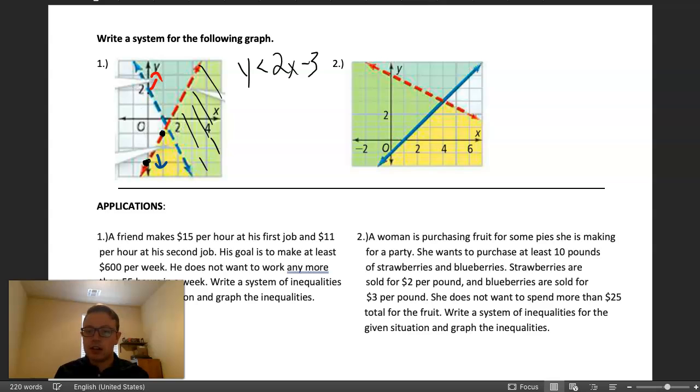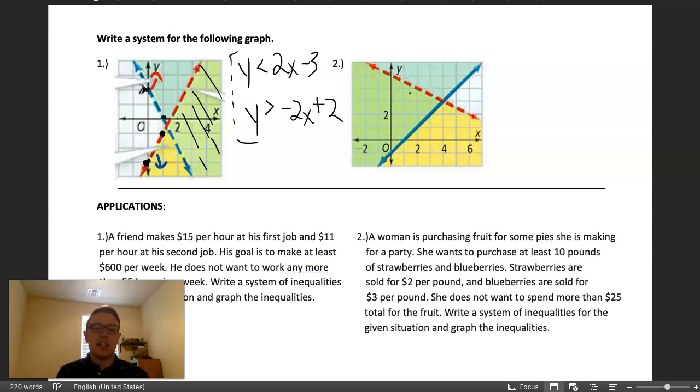Well, it looks like we cross at 2 here, and we go down 2 for every 1 we go. So this is going to be y. Are we looking greater than or less than? This is everything above, so it'll be greater than. We're going down 2 for every 1 we go, so minus 2x plus 2. And that would be our system of equations for this one.